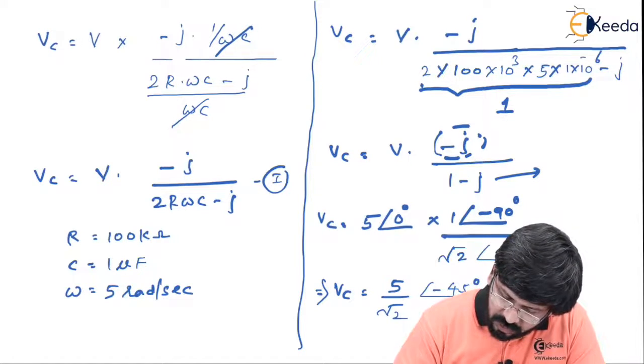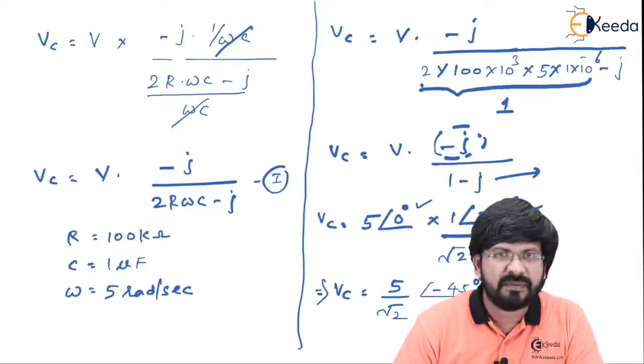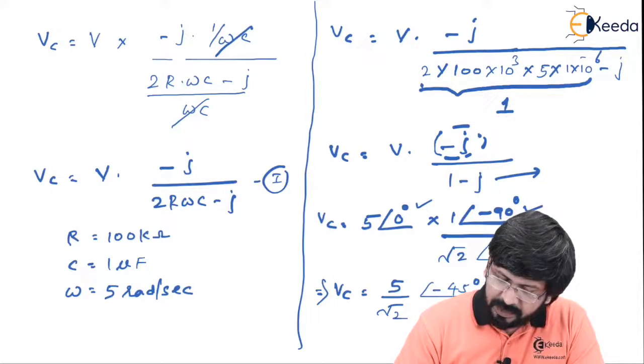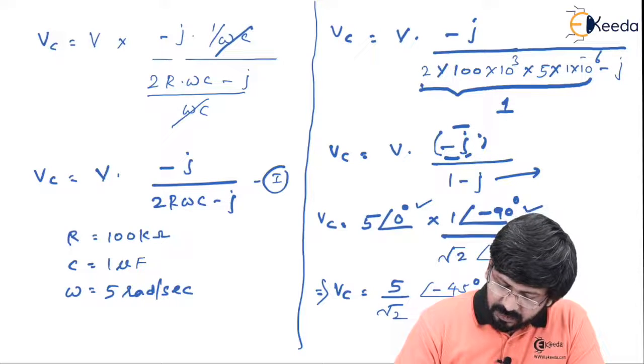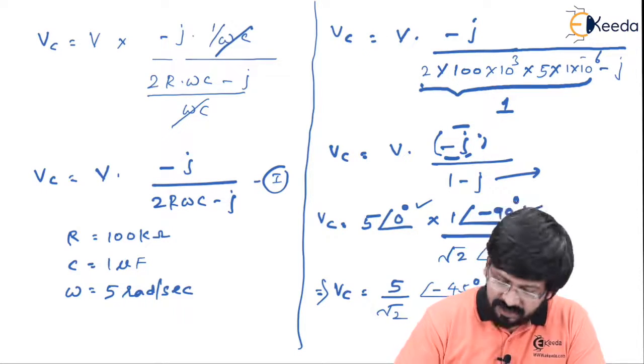For example, here 0 degree and minus 90 degree get added, so the sum becomes minus 90 simply. So the numerator angle is minus 90 and the denominator is minus 45. Minus 90 minus of minus 45 becomes minus 45 degree. So minus 45 degree is the final answer.